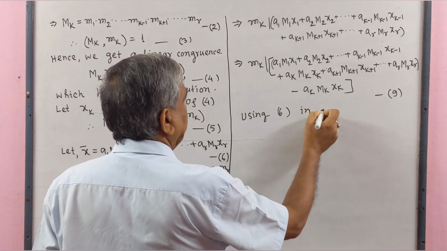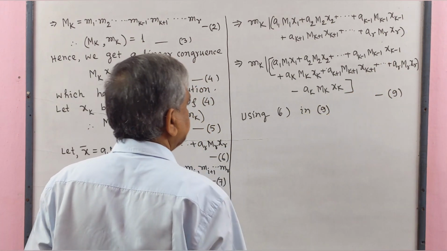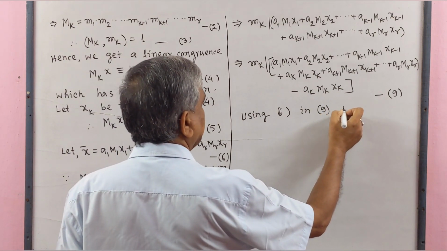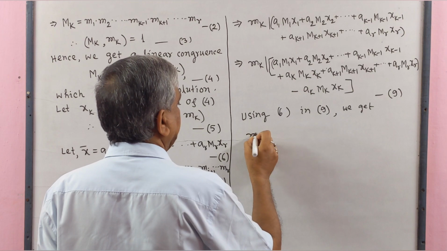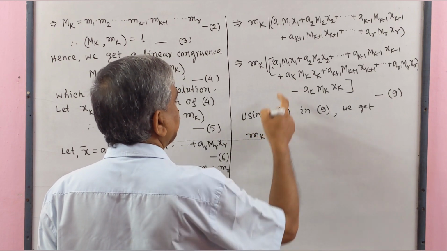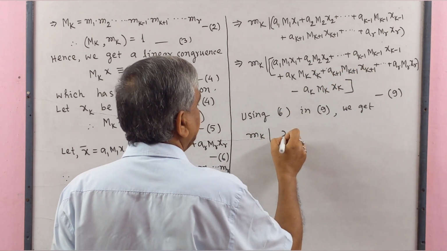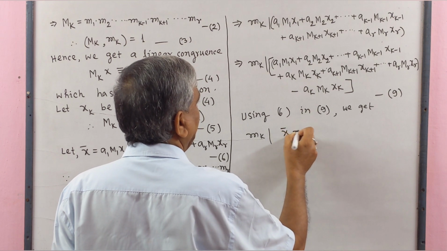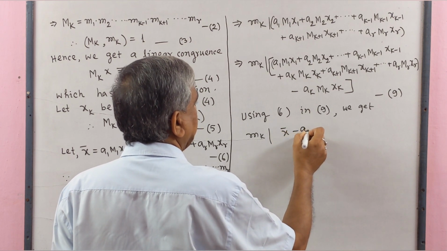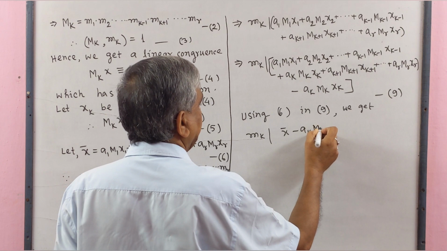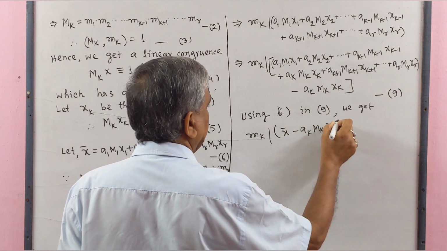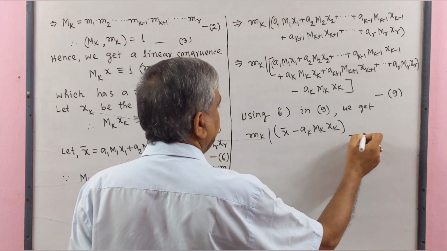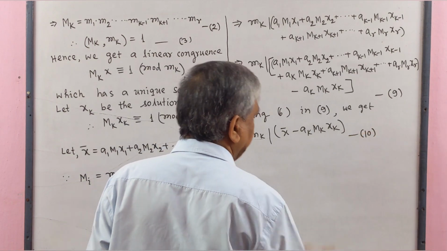In 9 we get mk divides x bar minus ak Mk xk. Let this is number 10.